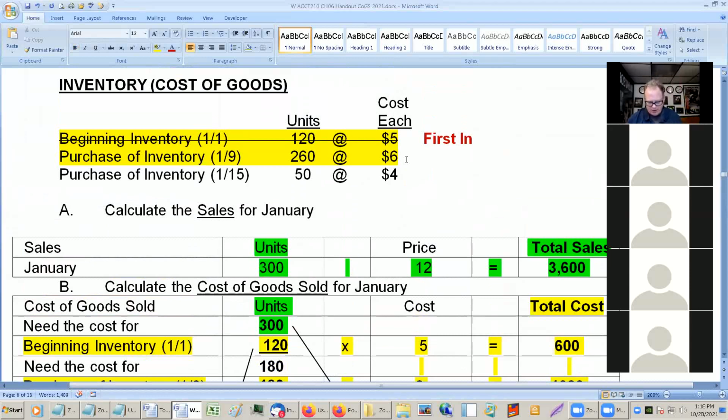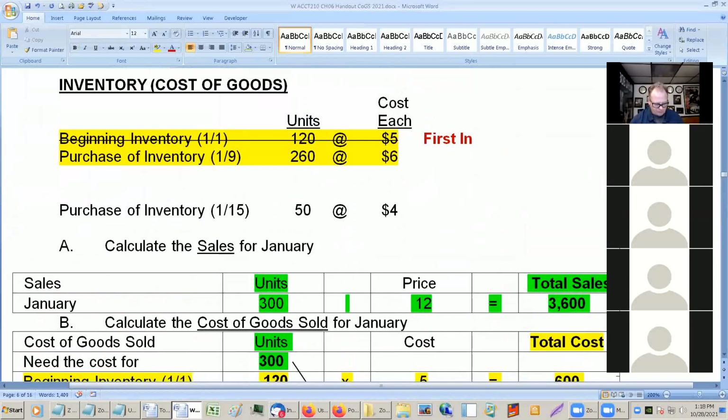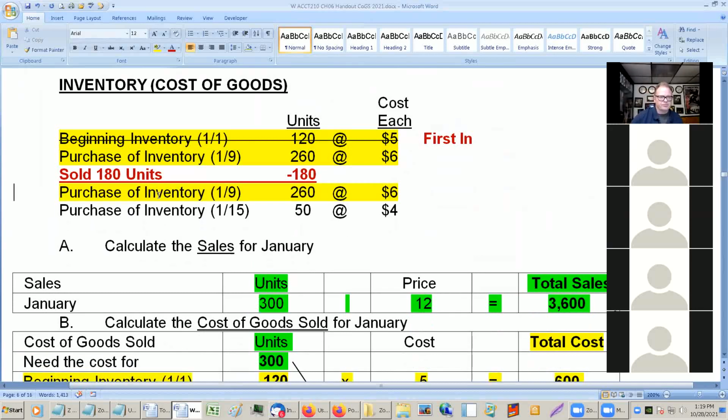We gotta clean this up a little bit up here. We sold 180 units out of this. So what we really have left here is 80.